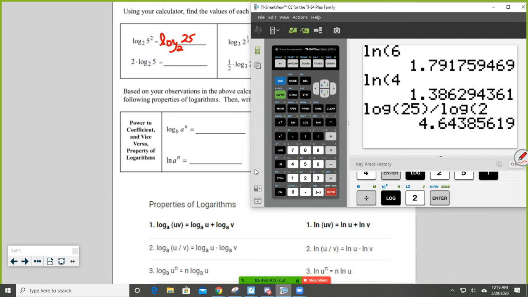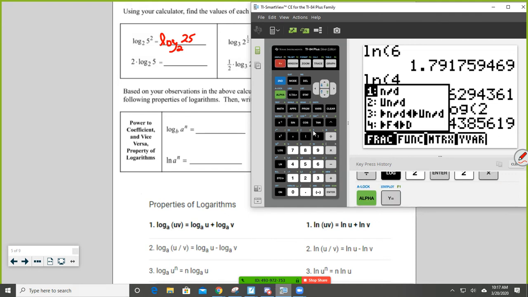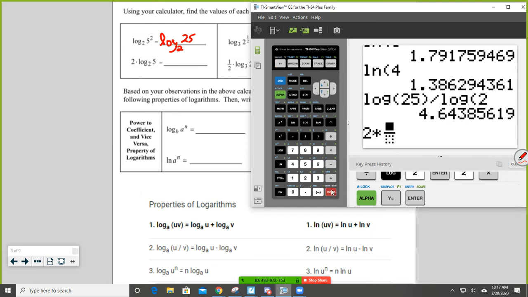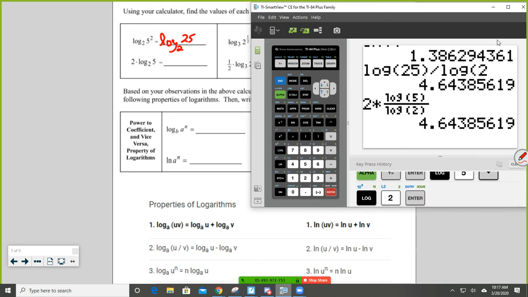Now I'm going to put this in. 2 times, let's put it in a fraction, 2 times log of 5 over log of 2. And what they're wanting you to notice, these two numbers match.